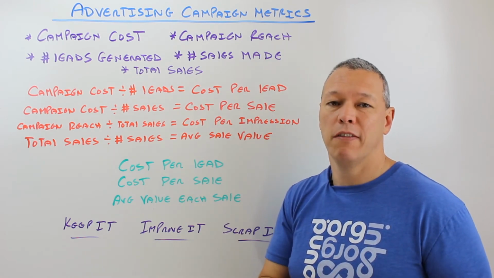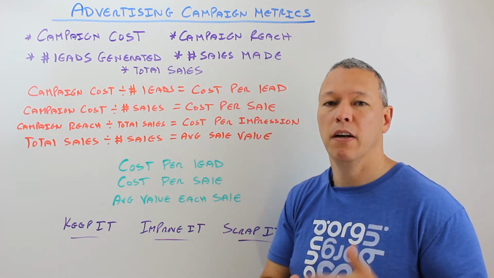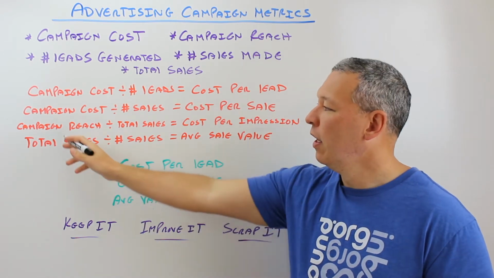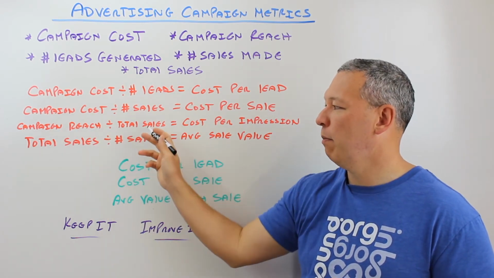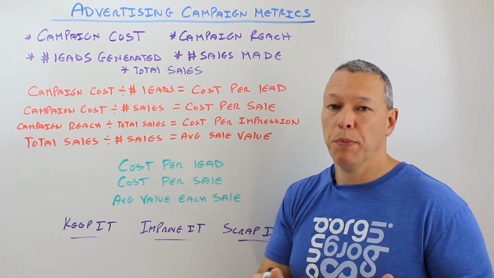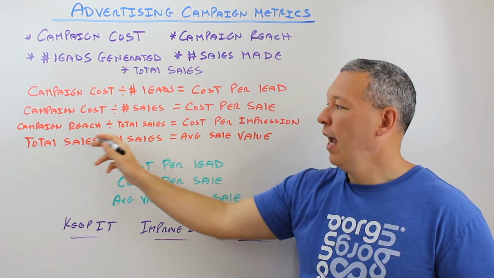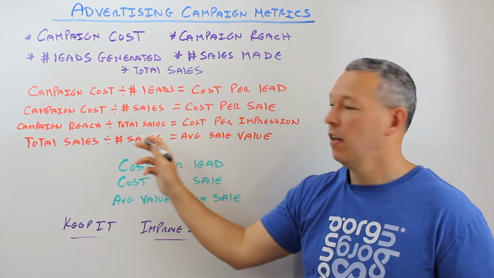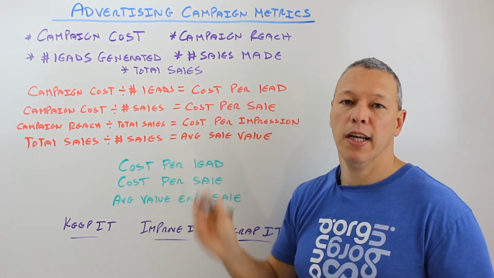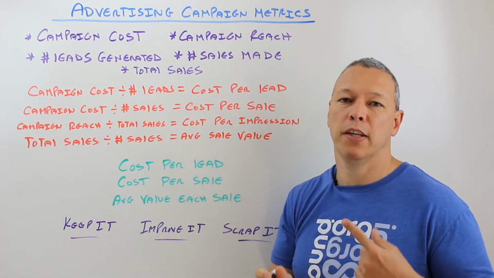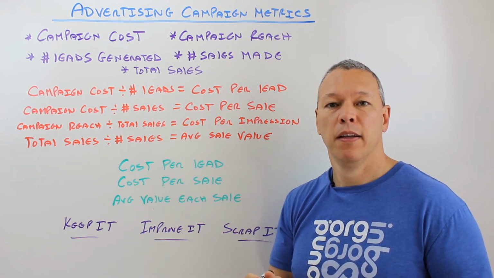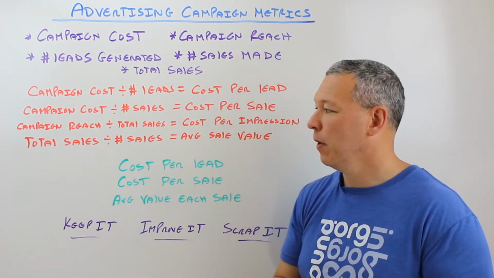If it's offline advertising, you'll kind of have to get an idea of what they tell you their reach is. So you can take your campaign cost and divide it by your reach. So for math purposes, if your cost was $1 and your reach was 100, then your cost per impression is 1 cent. So it costs you 1 penny to get your ad seen by somebody with that advertising, okay?